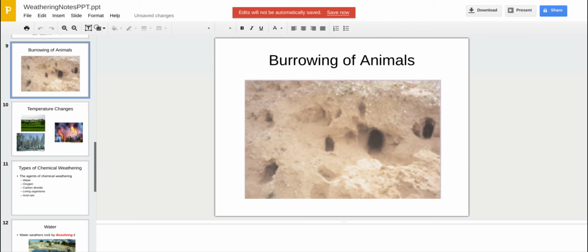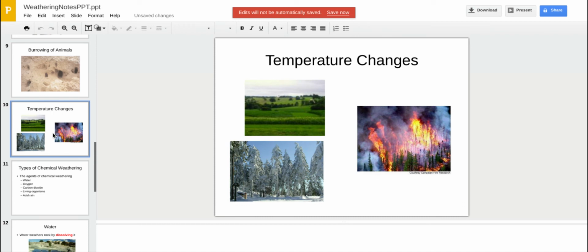Sometimes they're massive tunnels. Think about ant farms, but on a much bigger scale. Temperature changes. Snow and forest fires and droughts all can affect the weathering.